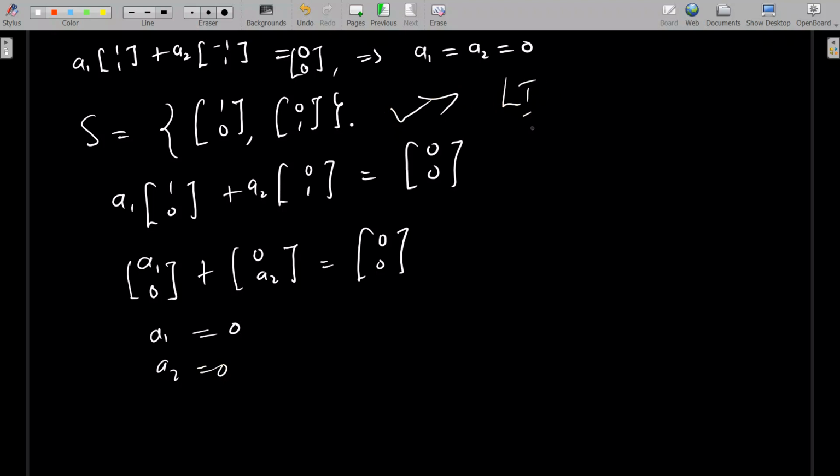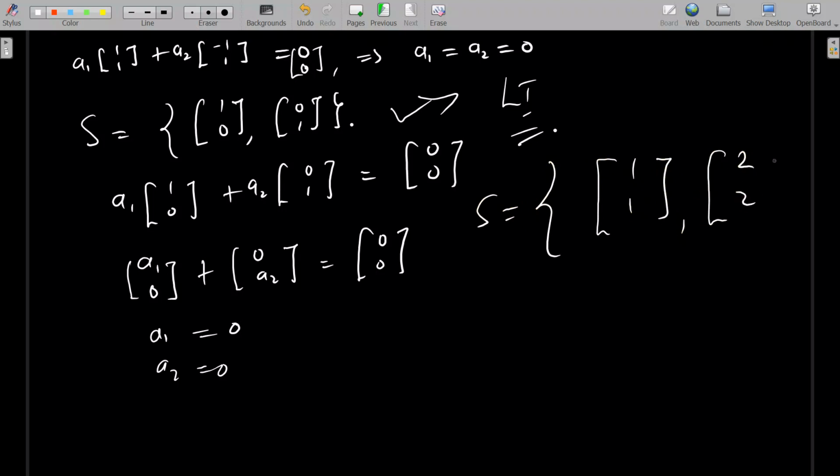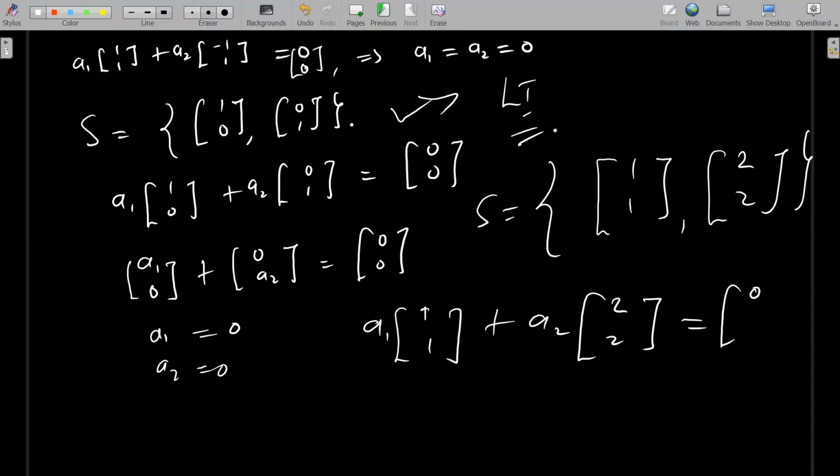There are some sets that are not linearly independent though, and an example of that is when you have S equal to maybe (1, 1) and (2, 2). Why? Because you have a1 into (1, 1) plus a2 into (2, 2) equals 0.